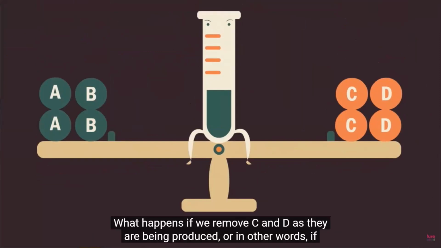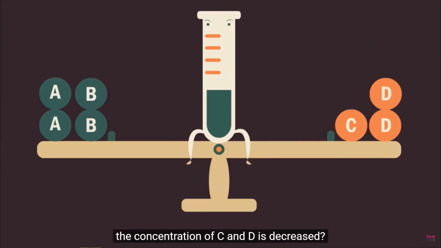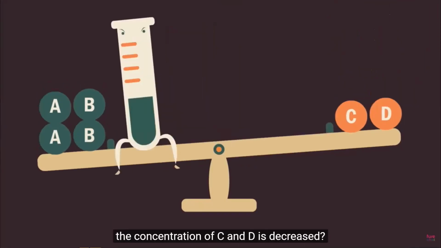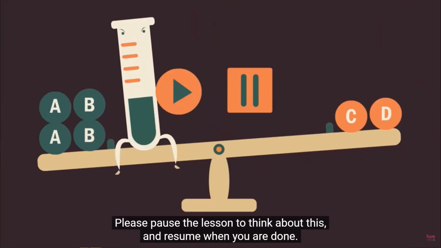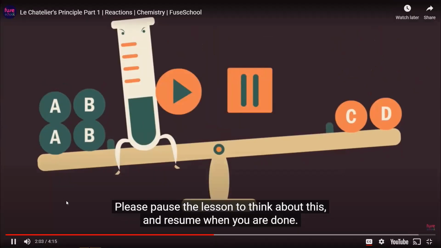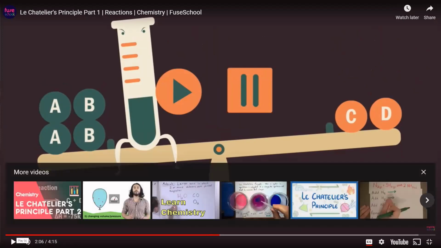What happens if we remove C and D as they are being produced, or if the concentration of C and D is decreased? Please pause the lesson to think about this and resume when you are done. Okay, what do you think would happen then?